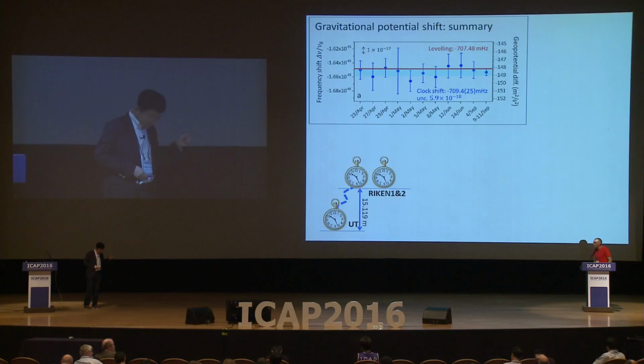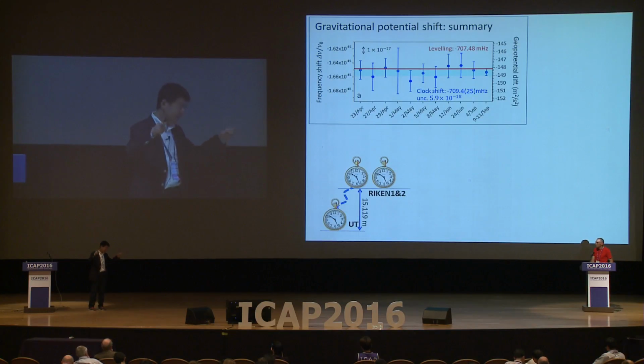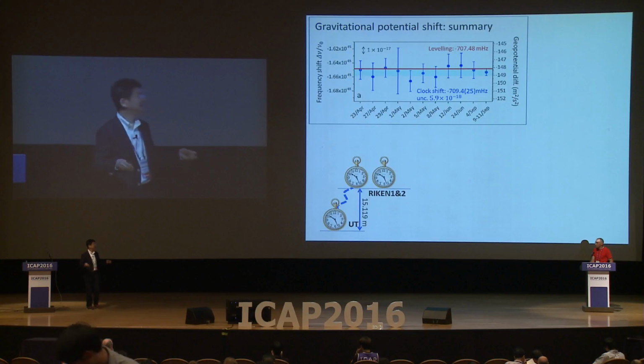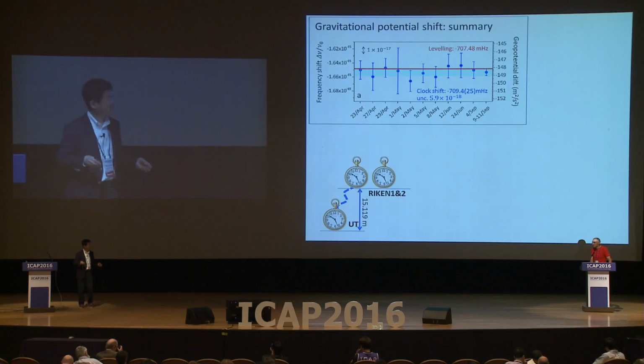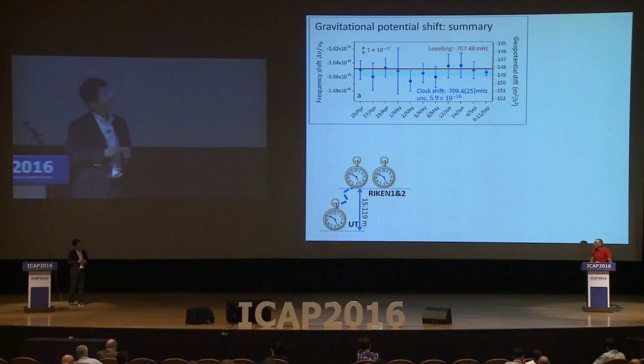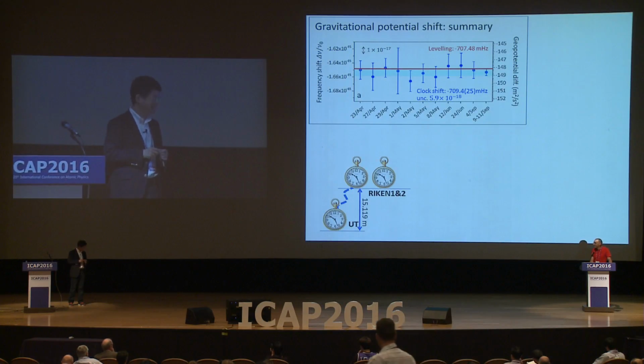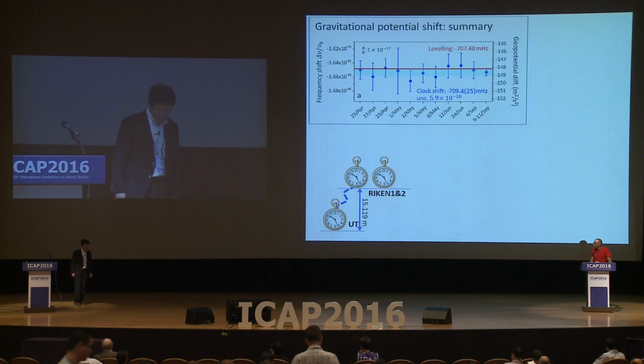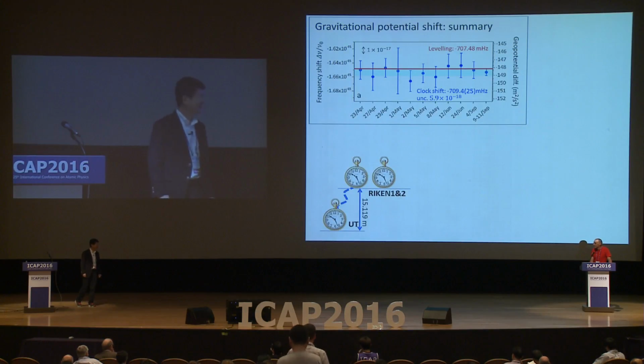For example, if one determines the strontium-ytterbium ratio at the level of 10 to the minus 18, and if that ratio is shared with different groups, I think that's good evidence that the clock is accurate at that level. Yeah, probably that shows that the clock is accurate, but that wouldn't help to synchronize clocks. Synchronize, yes. So for that synchronization, the geopotential is a problem.